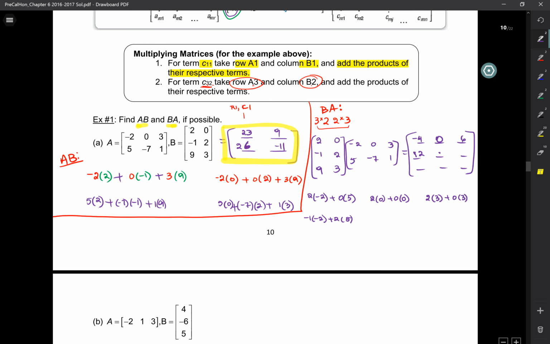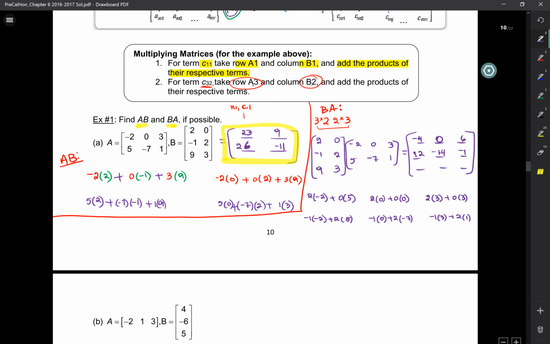So negative 1 times 0 plus 2 times negative 7. That's a negative 14. Next, row 2, column 3. Negative 1 times 3 plus 2 times 1, right? So that's going to be negative 1.